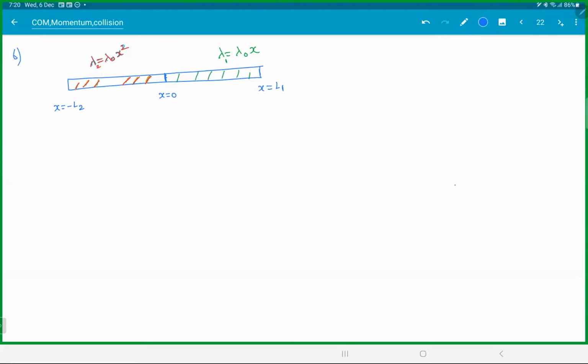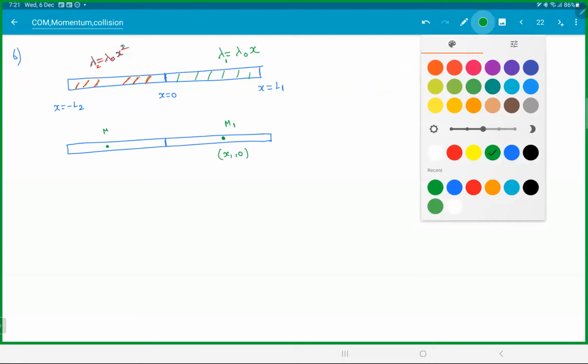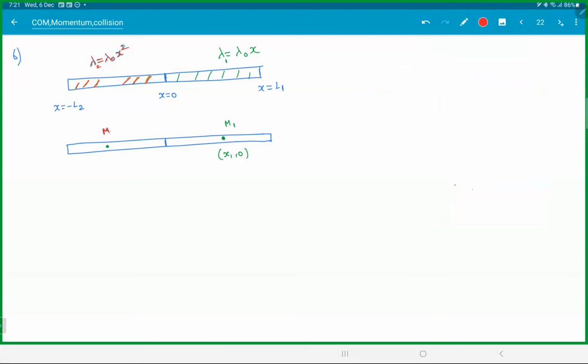So this is the idea here. I will replace this whole thing with one particle. Let's call it mass m1, and let this thing be x1, comma 0. I will replace this whole left side rod with m2 with minus x2, comma 0.